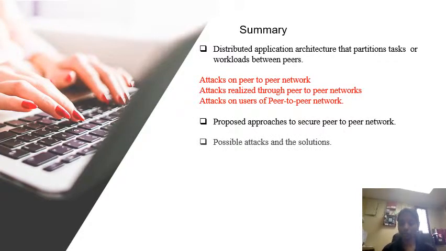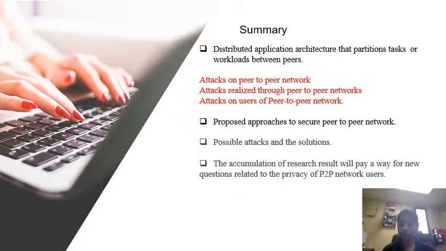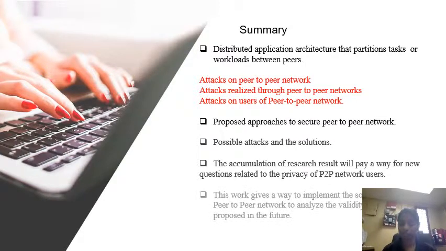And then we also saw the secure network approaches. There are also some secure peer-to-peer network operations that have been suggested in order to make the network more secure. The accumulation of results will pave the way for new questions related to the privacy of peer-to-peer network users.